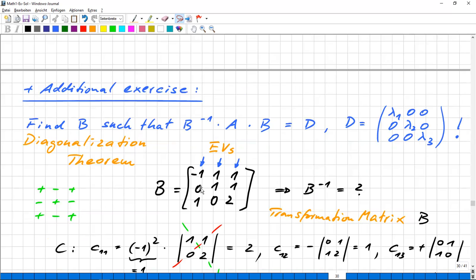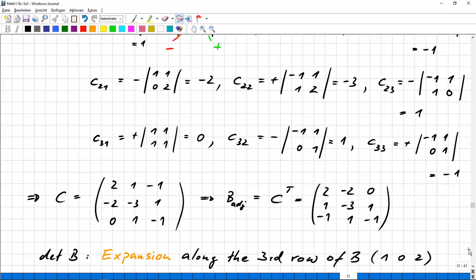Eigenvalues -2, 4. So we would expect -2, -2, 4 to appear on the diagonal elements. Take your time to go through this.